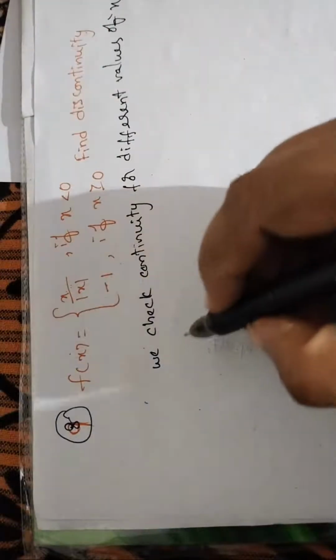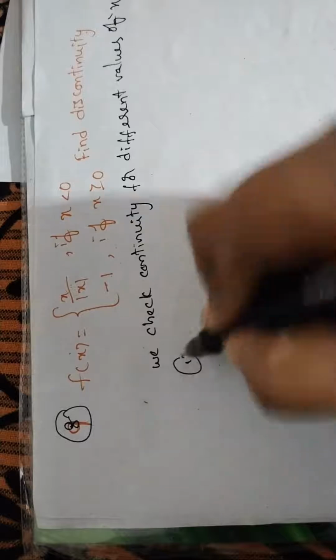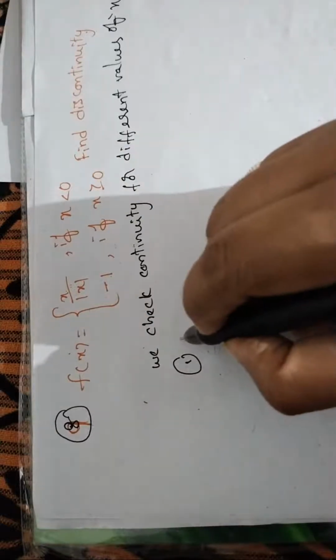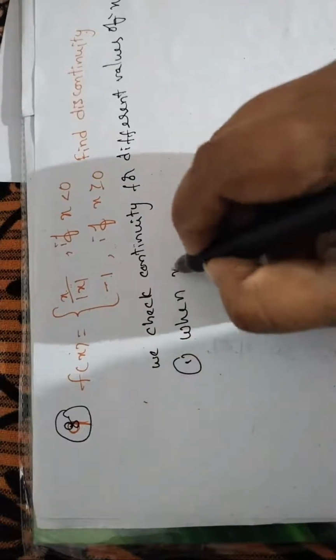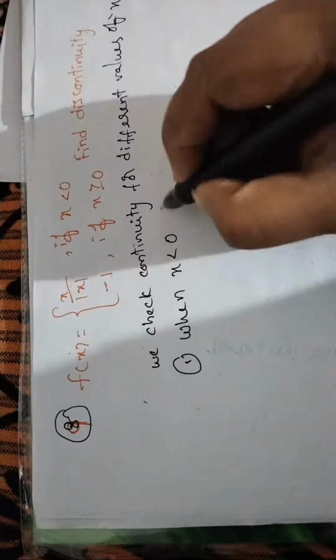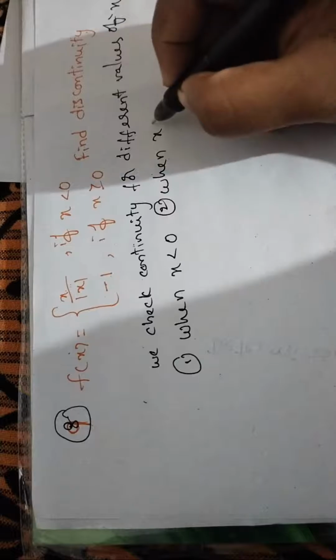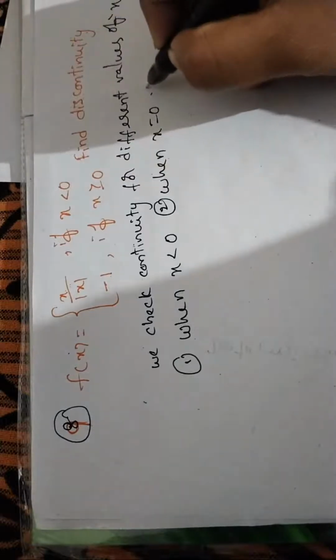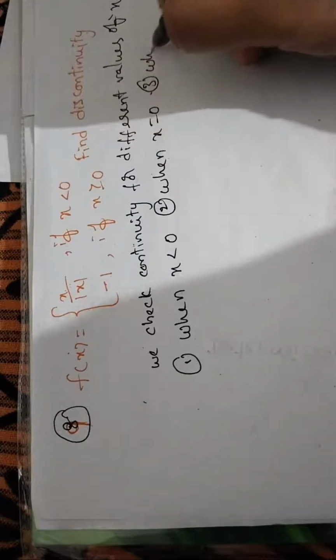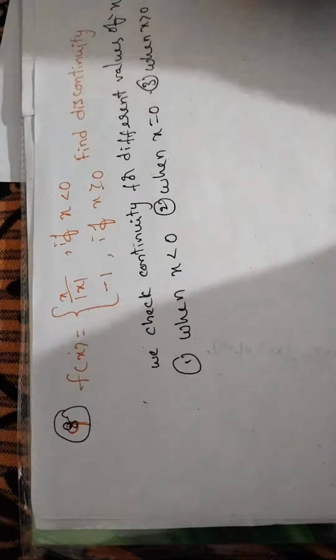So the different values are, the first case when x less than 0, second case when x is equals to 0, and third case when x greater than 0.